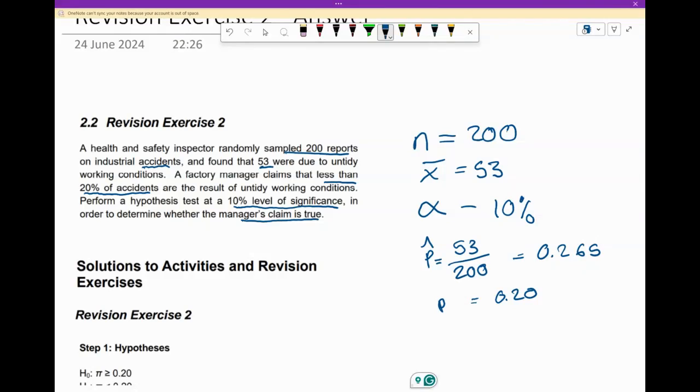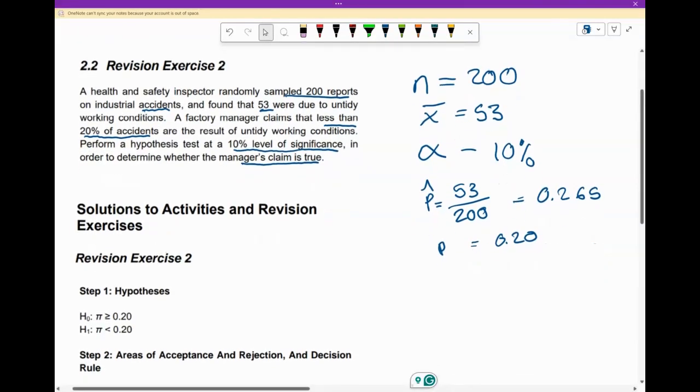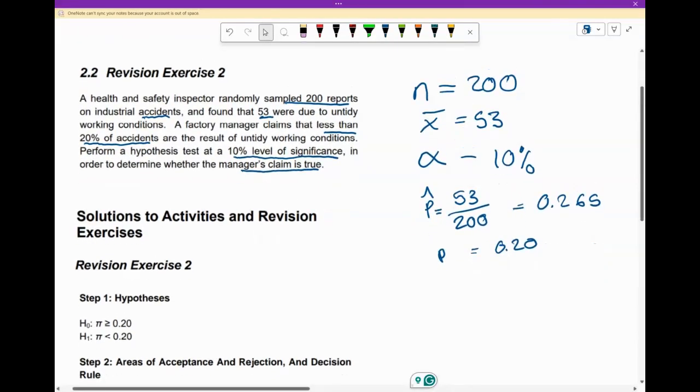You can call that the sample population. And this 10%, what is it called again? Level of significance. Sometimes we also call it the confidence level.